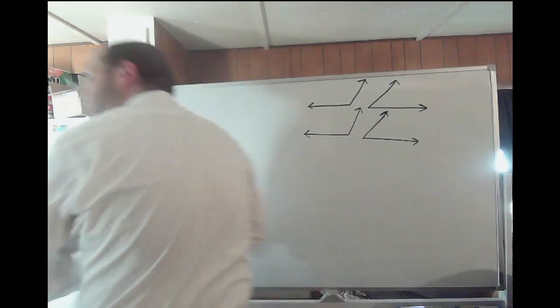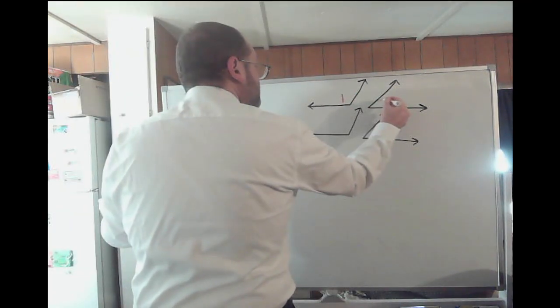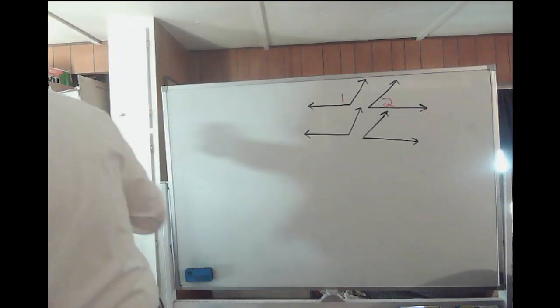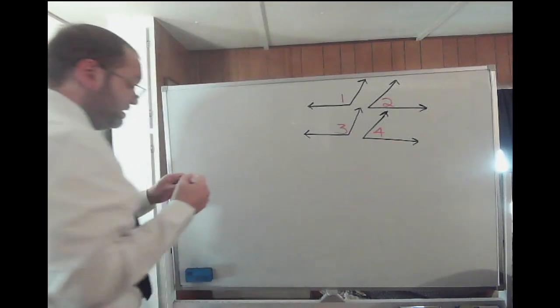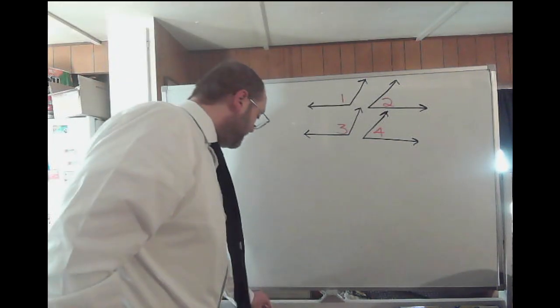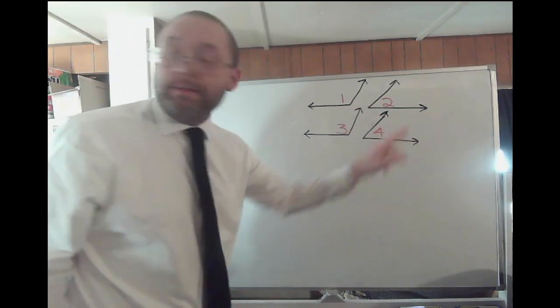Alright, then in red, this will be angle 1, this will be angle 2, angle 3, and angle 4. Okay, so for the diagram here, we have angles 1, 2, 3, and 4.